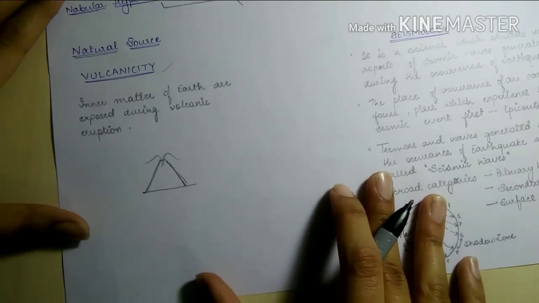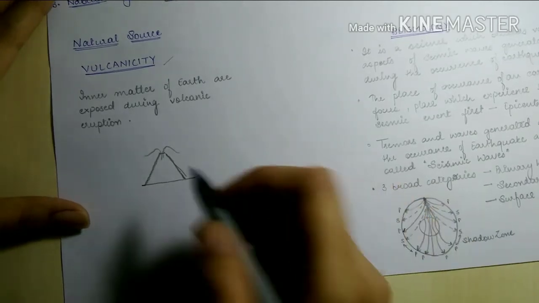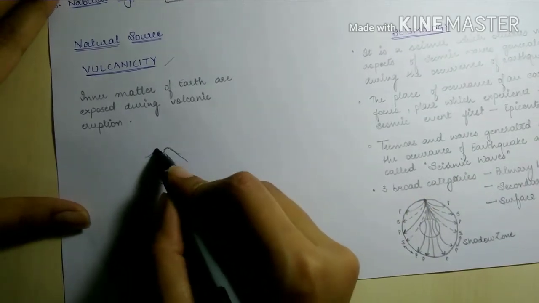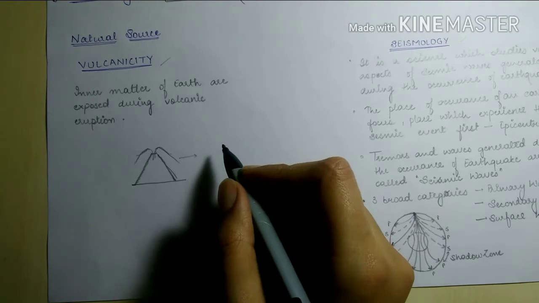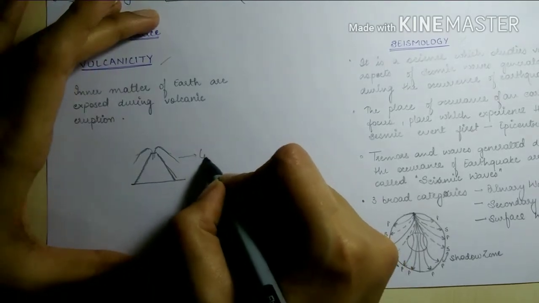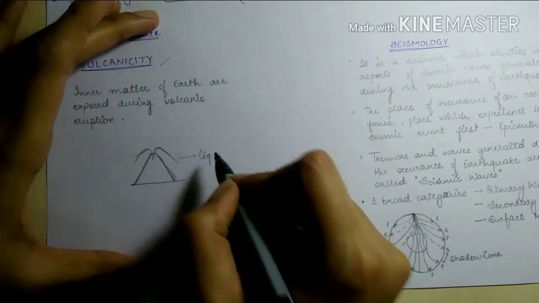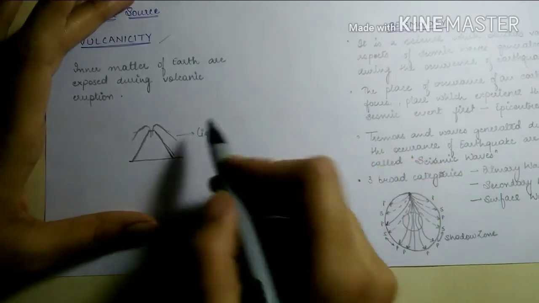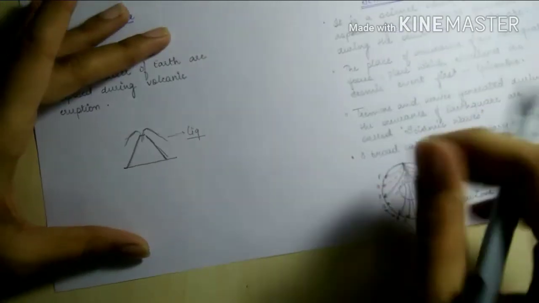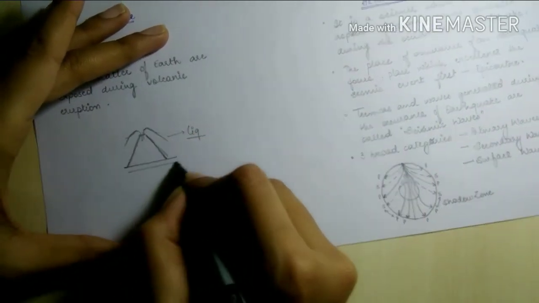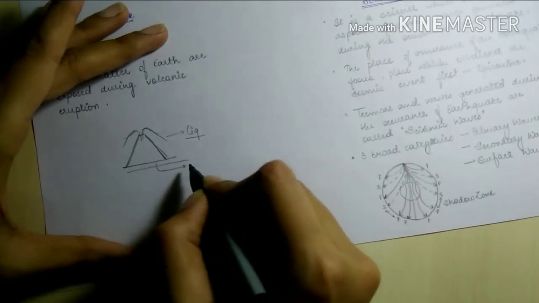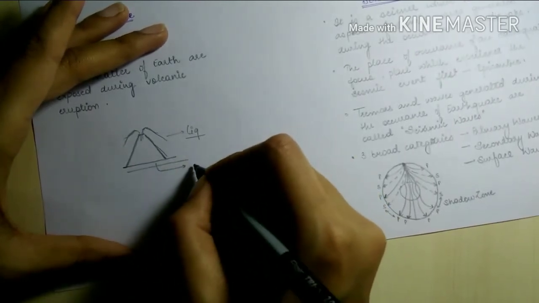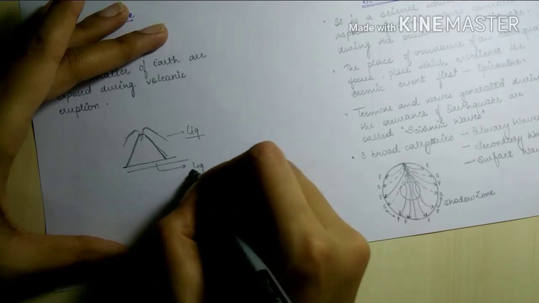This lava that comes out is in liquid form, a liquid state. So we can infer that the interior of earth must be in liquid state.